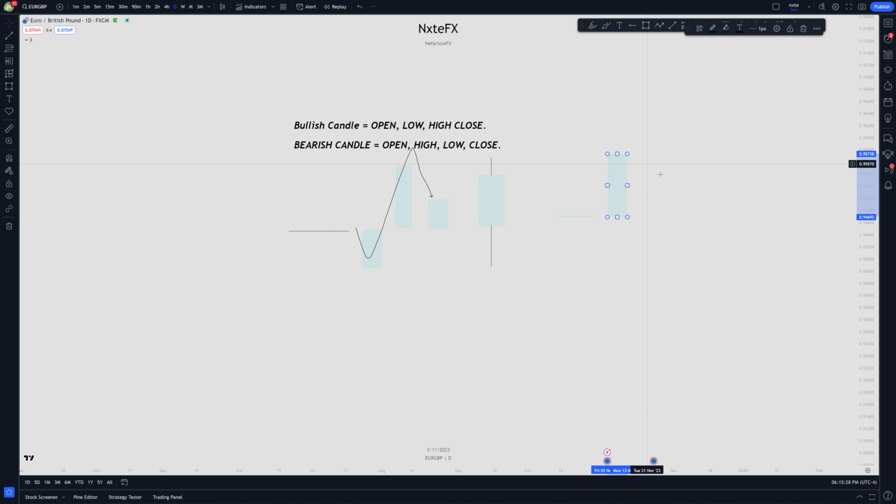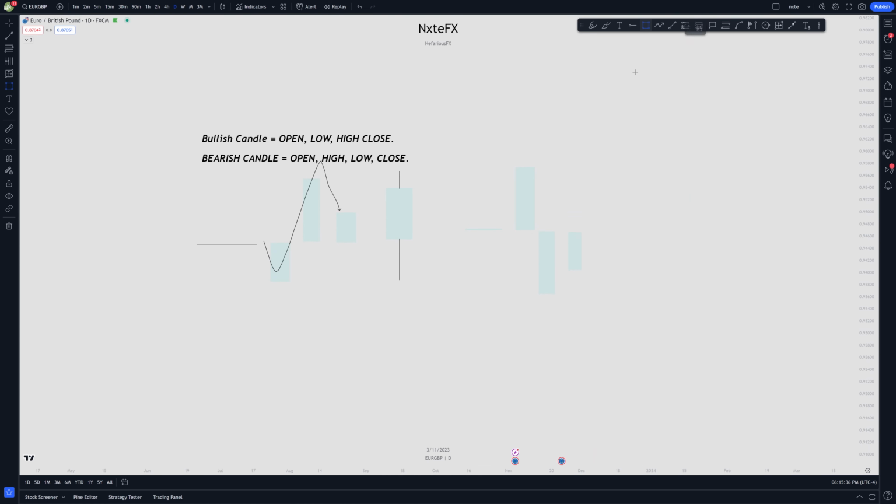And the same thing happens opposite. We open the candle, the candle makes a high, the candle makes a low, and then the candle closes. Using the same graphics, we open, we make a high, so the candle's looking bullish, then it comes back down, so that becomes a wick.